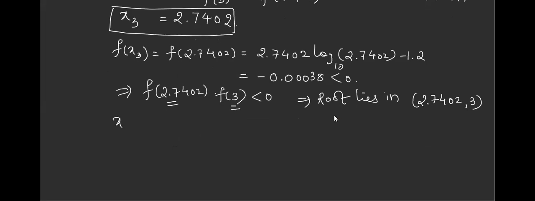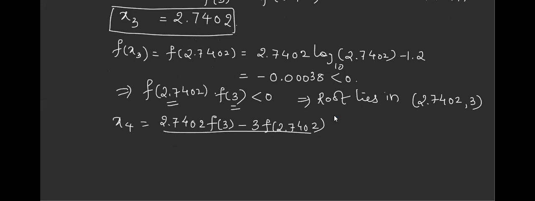Now we have to find one more. Okay, let us find one more, because the difference between those two is a little more. Can anybody help me in writing the x4 formula? Everything depends on this. Very good. 2.7402 into f of 3 minus 3 into f of 2.7402, divided by the same f of 3 minus f of 2.7402.